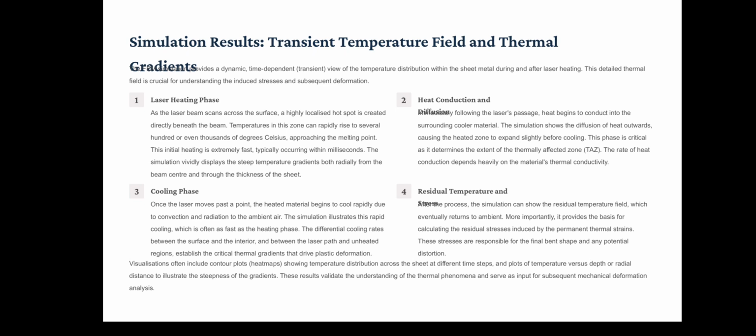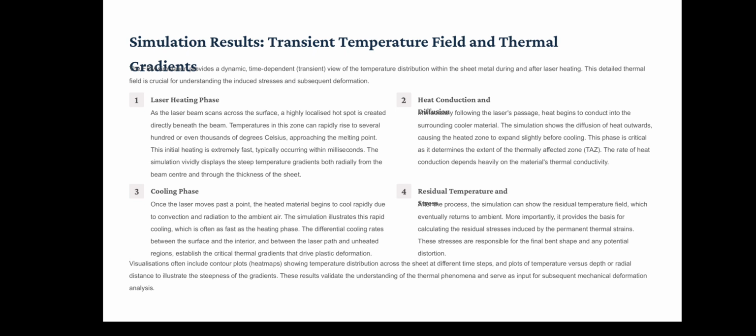Simulation results: transient temperature field and thermal gradients. This provides the dynamic, time dependent, transient view of the temperature distribution within the sheet metal during and after laser heating. The detailed thermal field is crucial for understanding the induced stresses and subsequent deformation.